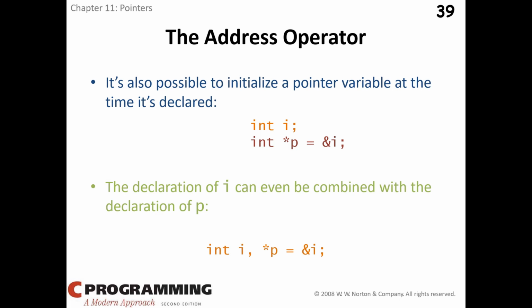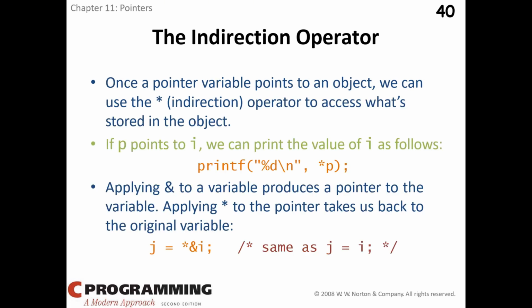And this approach offers a concise way to declare and initialize pointer variables, making the code more readable and more efficient. And once a pointer variable points to a specific object in memory, we can use the indirection operator or the asterisk to access the value stored in that object.